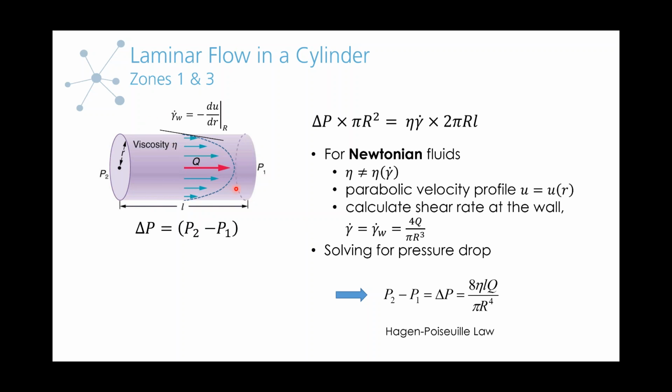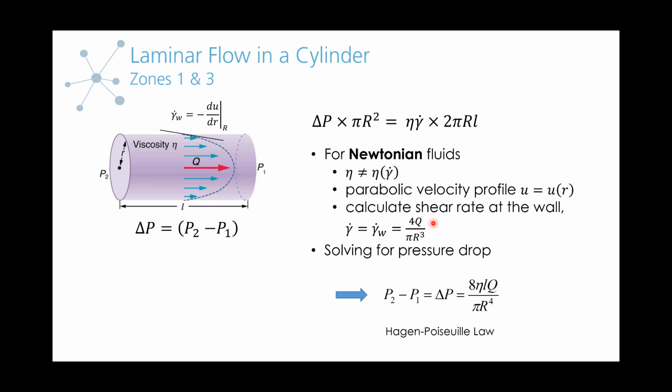And that's just defined as minus the derivative velocity profile with respect to the radial position at the wall.